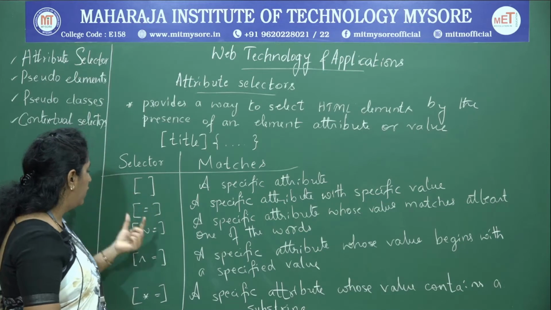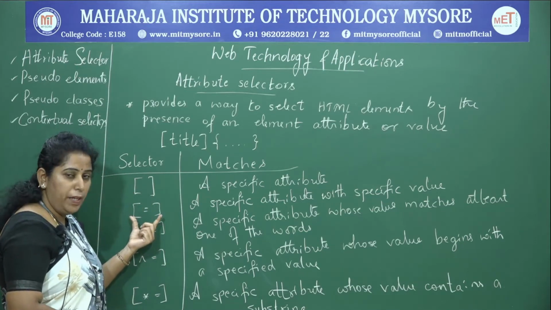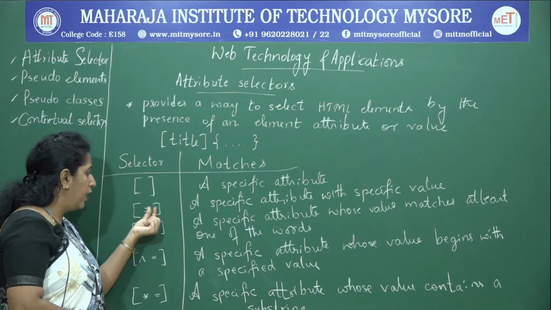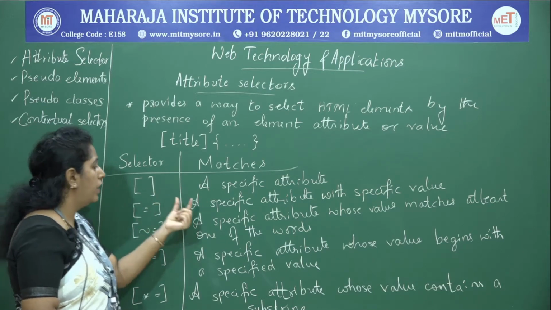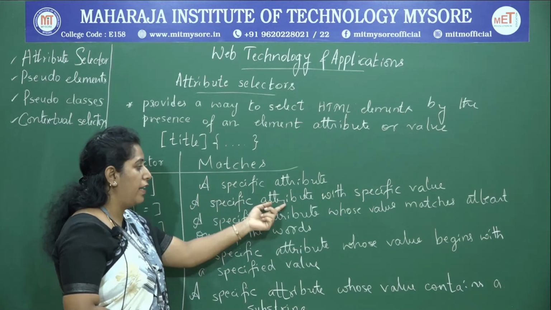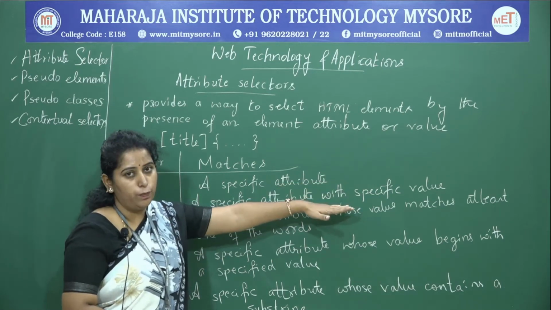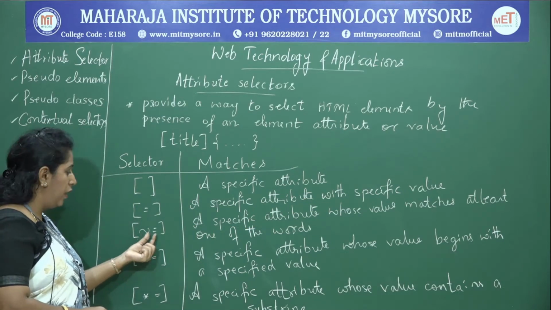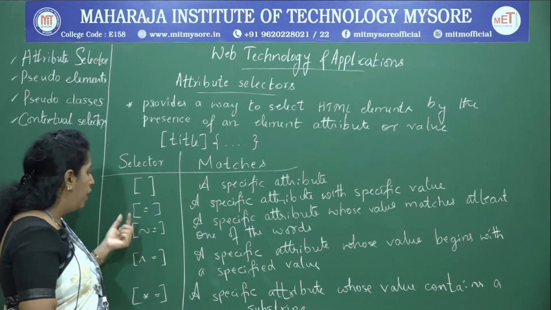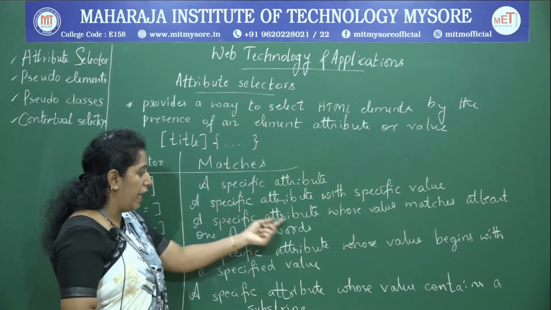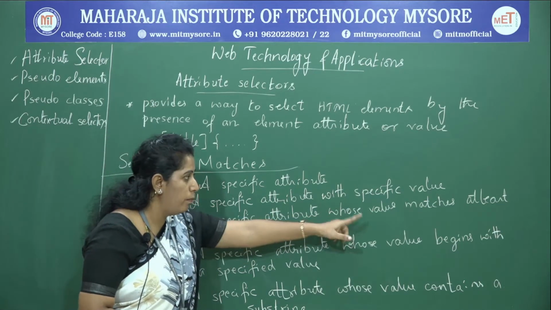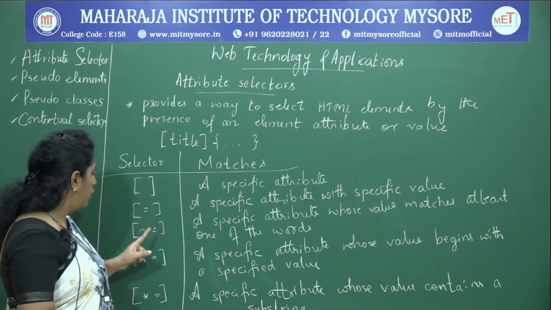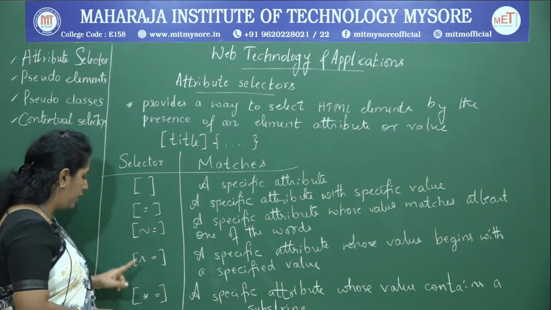Next, within a pair of square brackets, if you give an attribute that is assigned some value, it matches a specific attribute with a specific value. Next, using the tilde symbol along with the equal operator, it matches a specific attribute whose value matches at least one of the words. So that is about this selector.